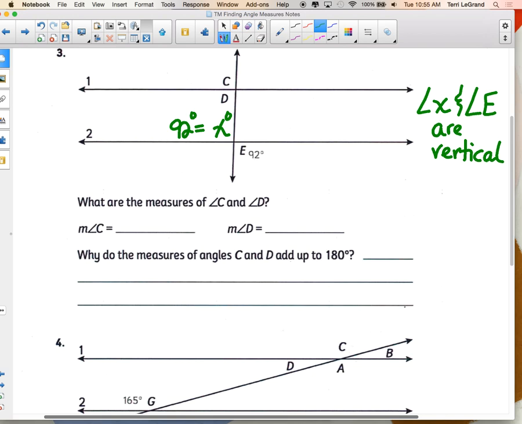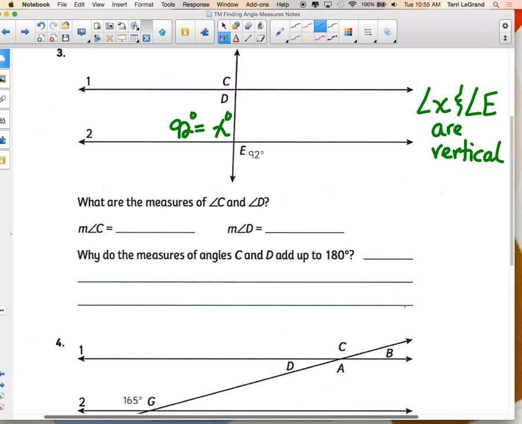Okay, well, how did that help? If I use the vertical angle relationship, we have to pick on either, that angle is only vertical to E, it can't be vertical to anything else. So we can't use the vertical angle relationship. So now we might have to look for a supplementary or a corresponding relationship.